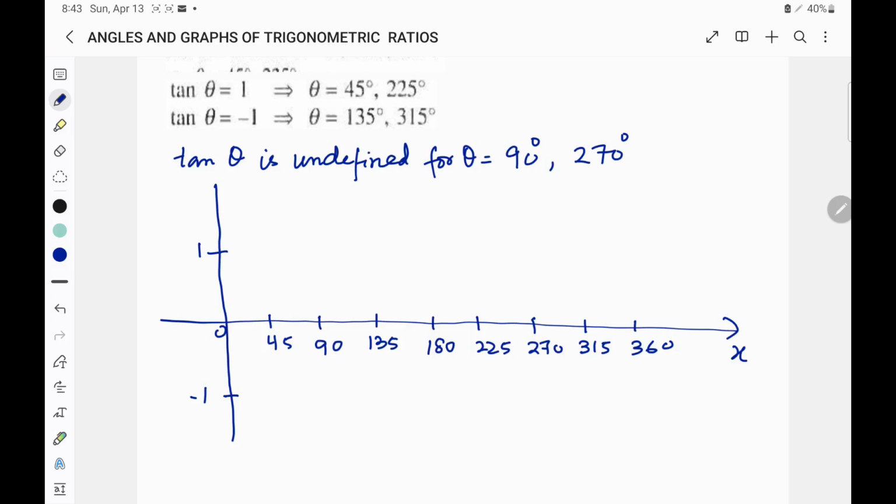So here I'm just making one curve and then the other one, because otherwise you will have a lot of problems.